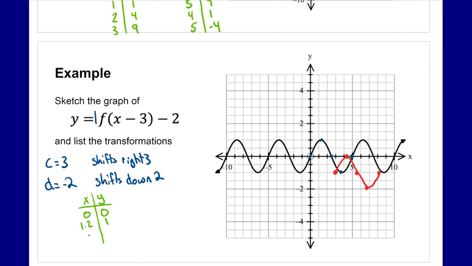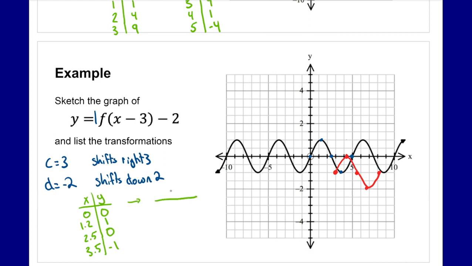We then had 2.5 and 0. We'll just do one more because we do have a lot of points. So we could say 3.5 and -1.